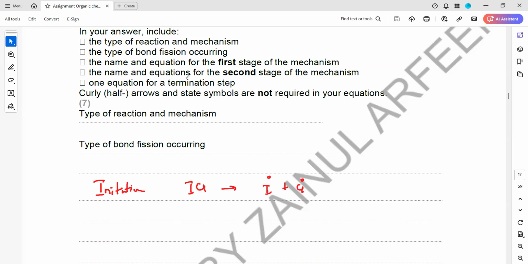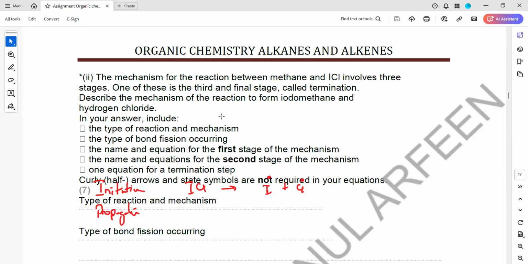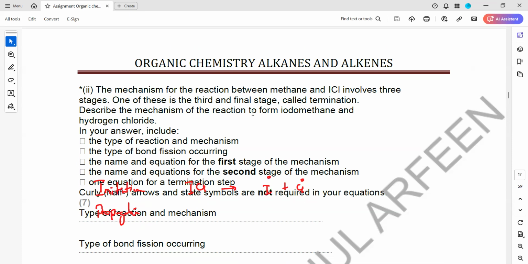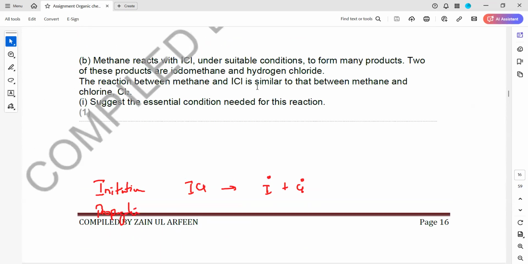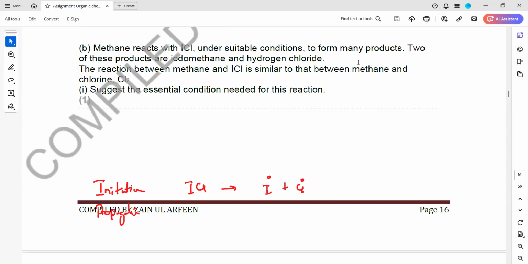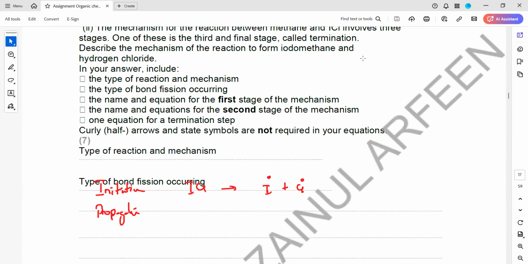Then what happened in the second stage? The second stage is called propagation. And the product which we want, what substitution we want to form: methane with ICl, under suitable conditions; many more products are there.